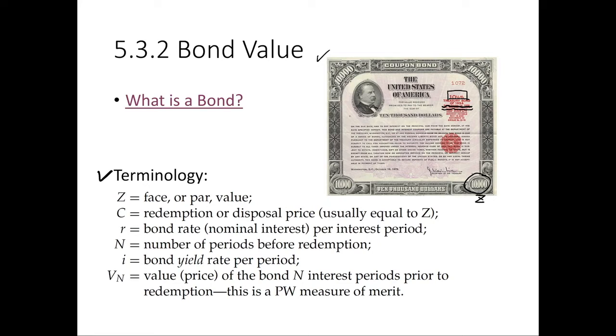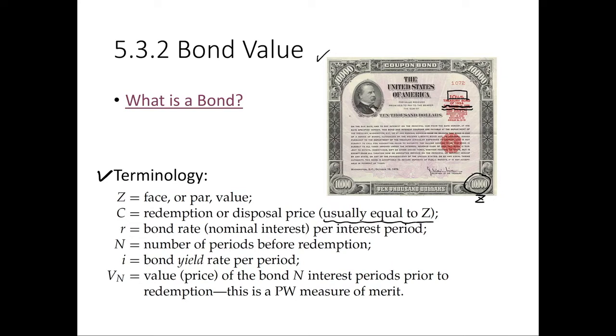And another term is C, redemption or disposal price. Usually it equals to the Z. So the redemption is the company or the country who issued this bond will say, okay, after the bond is retired, maybe it's 20 years, after 20 years, I will pay a lump sum back to you, a single amount to you.